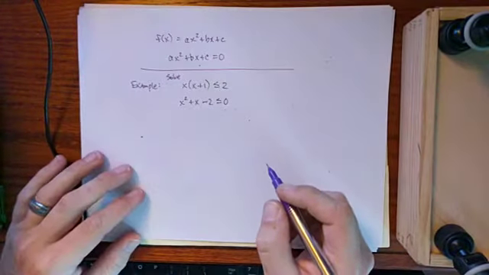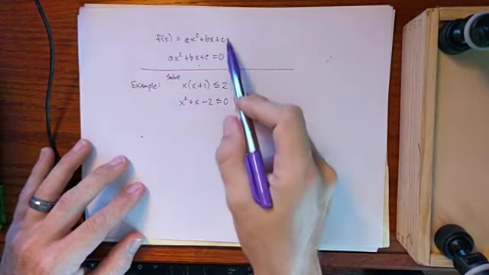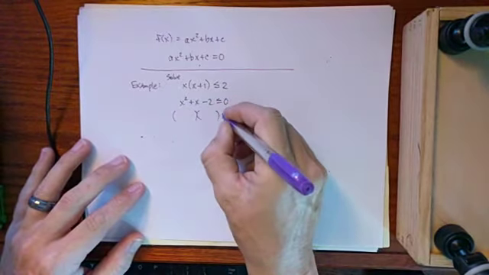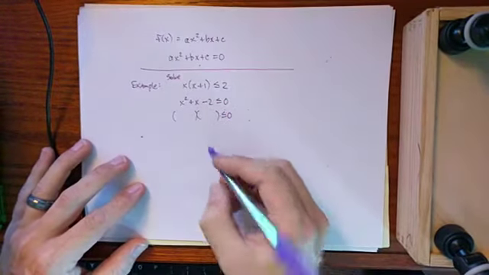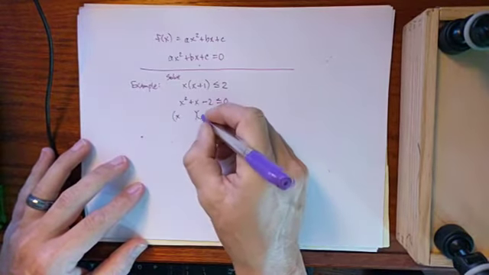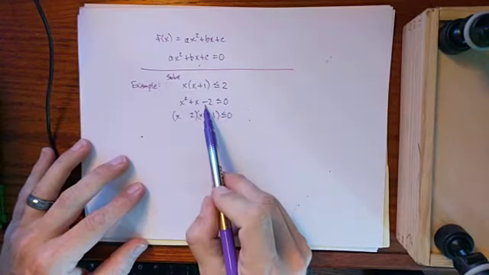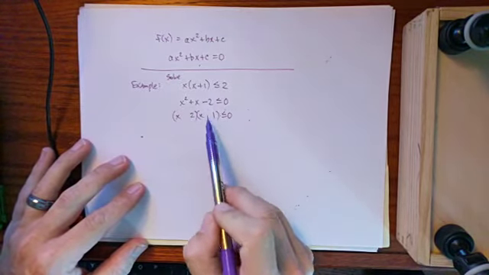Now, the next thing I need to do is find the zeros of the quadratic function. And I can do that by factoring. If you can't factor, then you need to do the quadratic formula and spend a lot more time on this. But this one factors. So 2 times 1 is 2. I need the numbers to have opposite signs so that when I multiply I get negative 2.